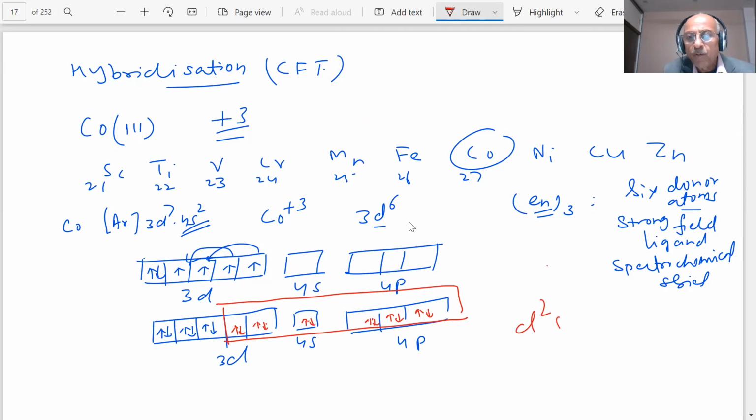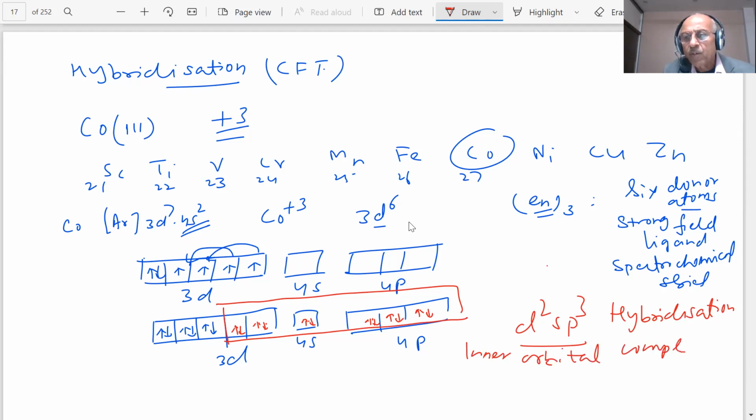This will be d2sp3 hybridization, and that is an inner orbital complex. Inner d orbital is used. And you can see that this has no unpaired electrons. This will be diamagnetic. Everything is paired, so they are called low spin complexes.